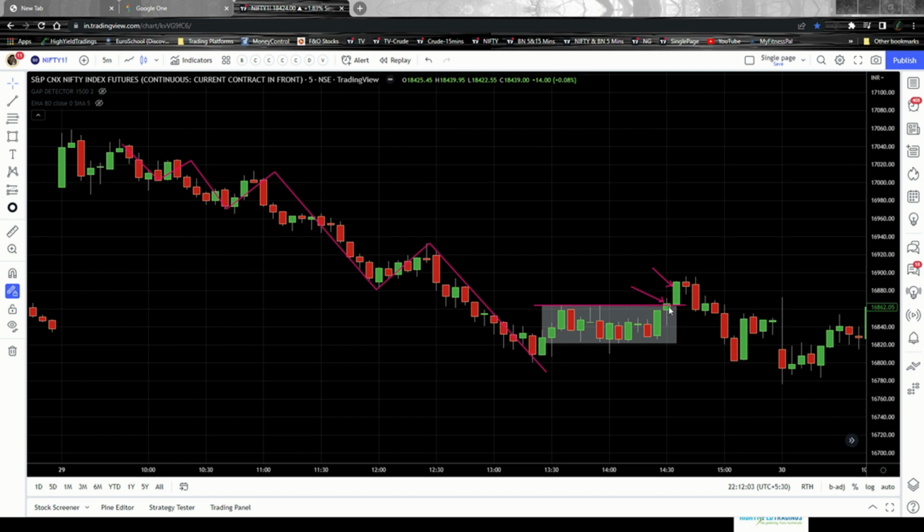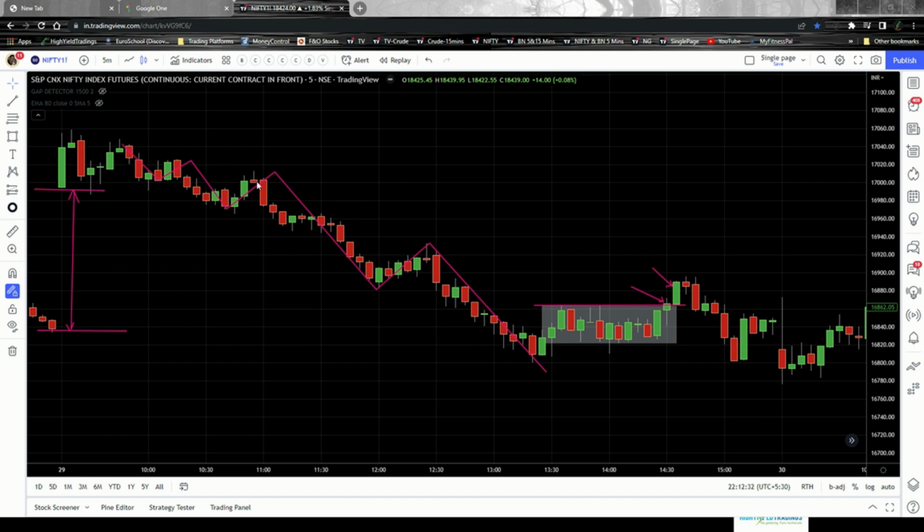Point number three is this gap has been filled. This is a gap. Right from here to here, it was a gap up opening that Nifty gave, and post the gap up opening, it moved up a bit, and then it was falling continuously for the entire day.